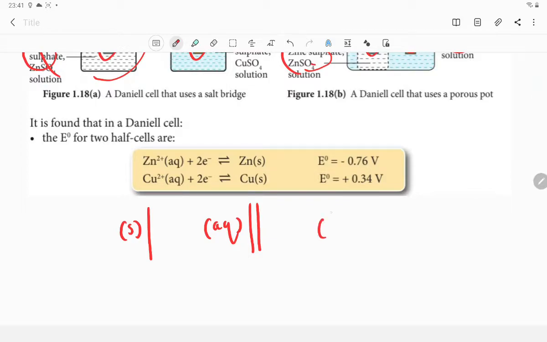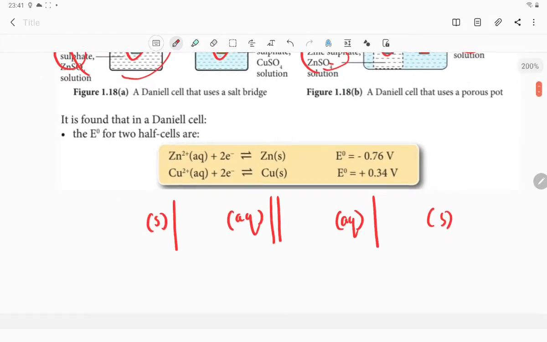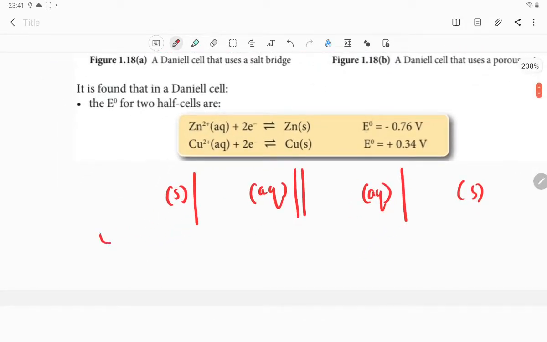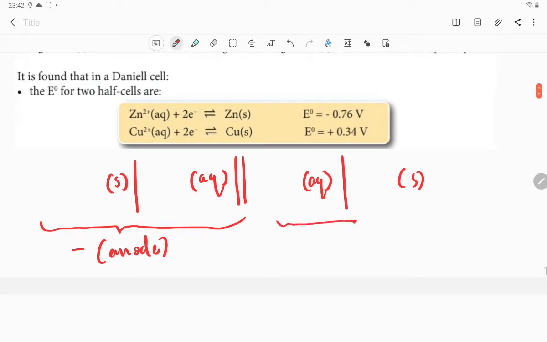Okay, this one kau tulis not solid, dia ada half cell punya solution ion, and then dia punya electrode. Okay, but for this side, this one must be the negative terminal anode, and then the other side will be your positive terminal cathode.